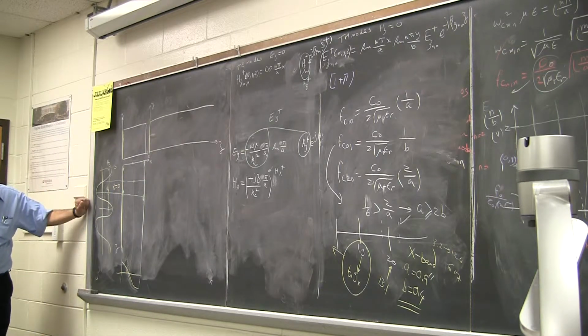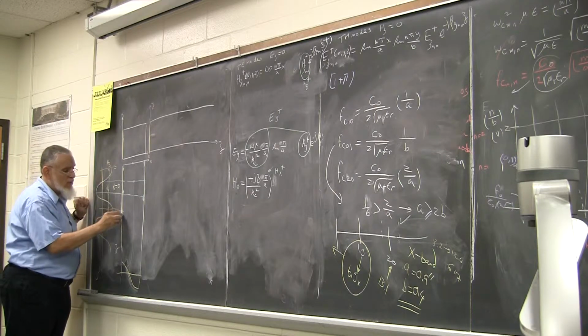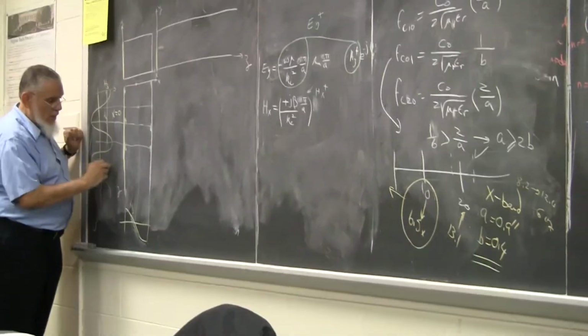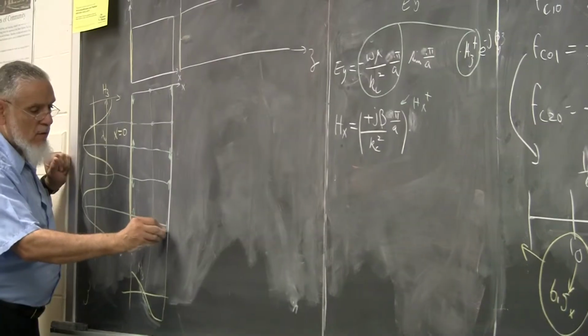That's my h sub z. Obviously that repeats. So over here it's going to go back again positive, negative there, and again negative, positive here.